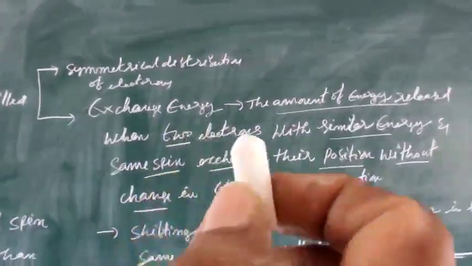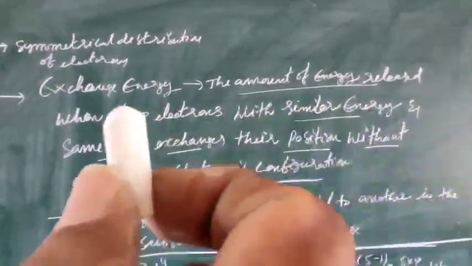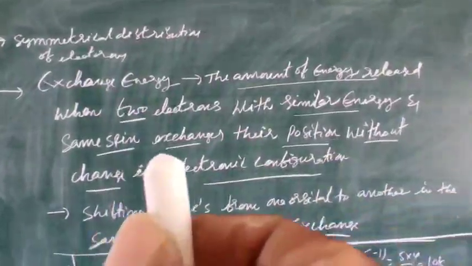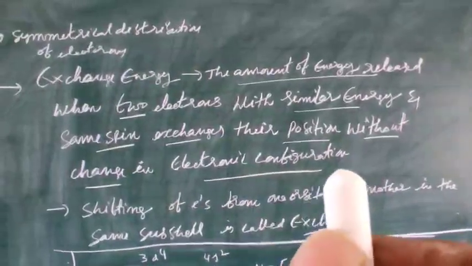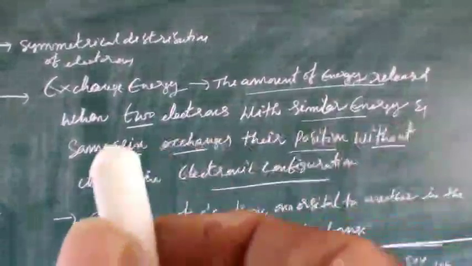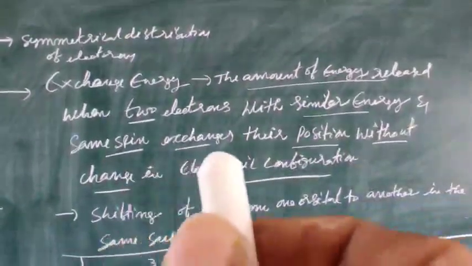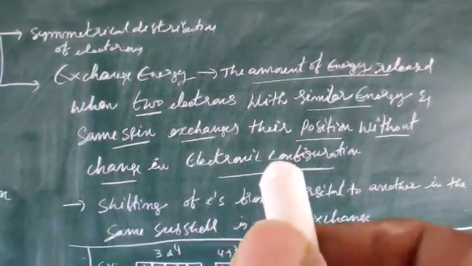What is the meaning of exchange energy? The amount of energy released when two electrons with similar energy and the same spin exchange their position without change in electronic configuration.